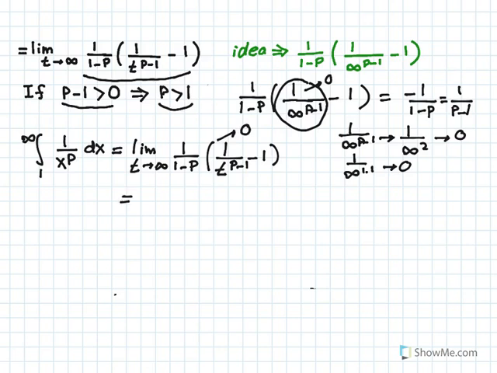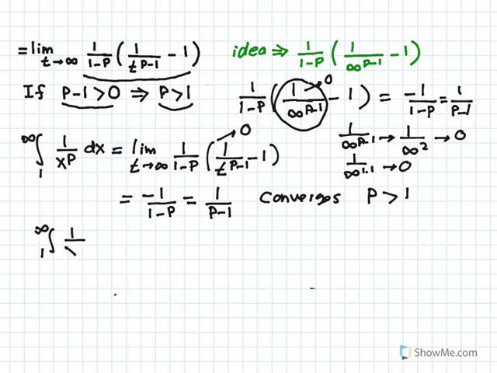So our result will be negative 1 divided by 1 minus p; multiply top and bottom by negative 1, and we get 1 over p minus 1. That means the integral converges if p is greater than 1. So let's write that conclusion down. The integral from 1 to infinity of 1 over x to the p dx converges, and its value is equal to 1 over p minus 1, when p is larger than 1.